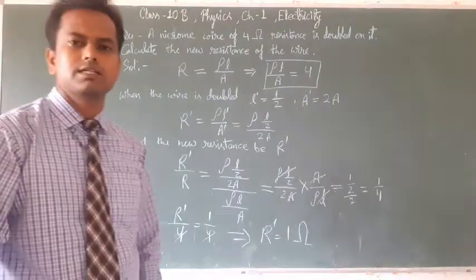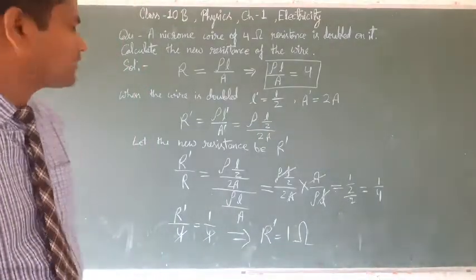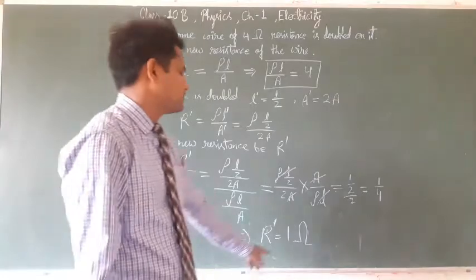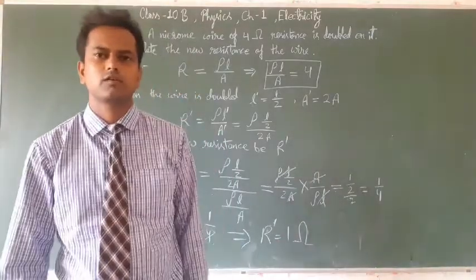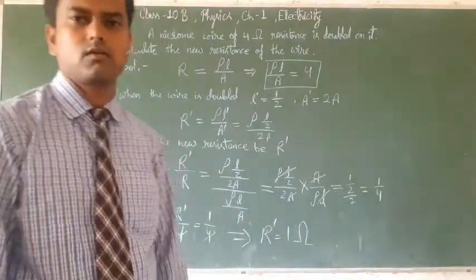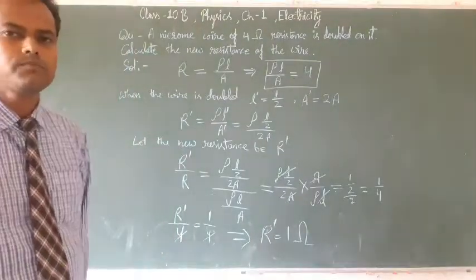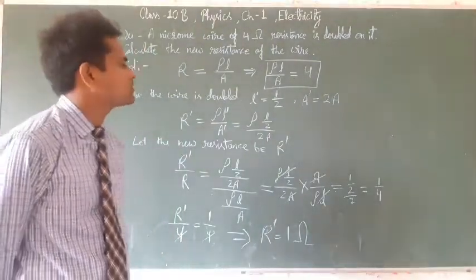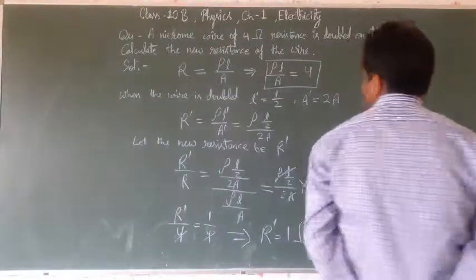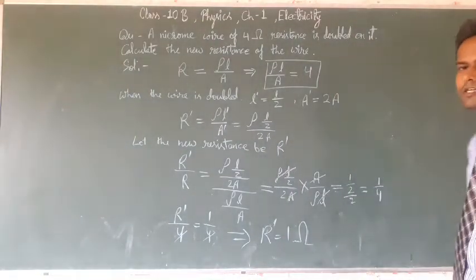So the new resistance of the given wire is given when the length of wire is doubled. Got it? So that will be your final answer. Pause the video and note it down.